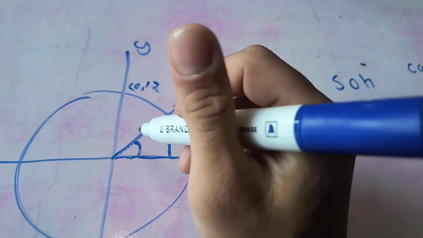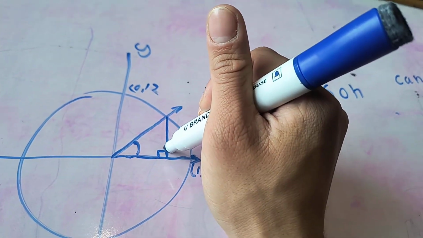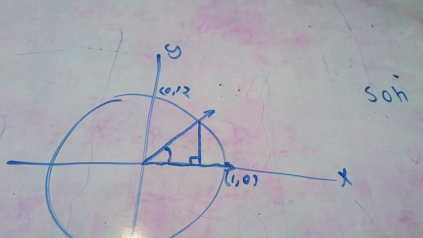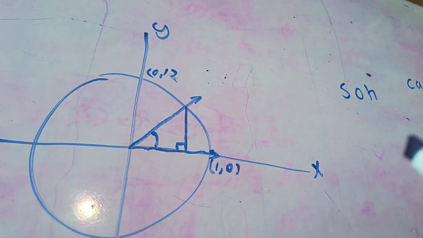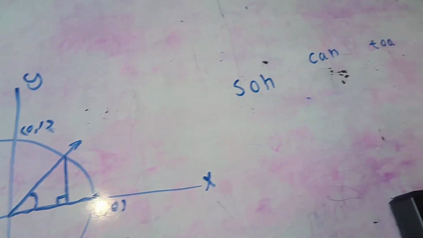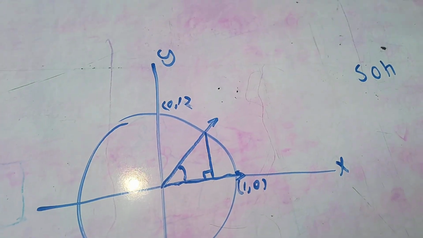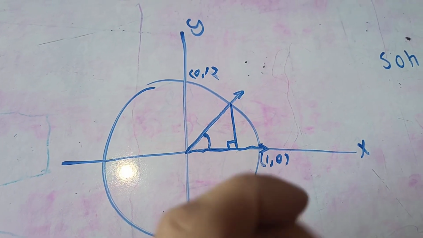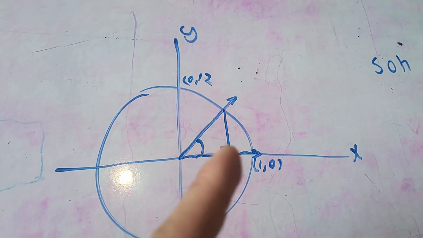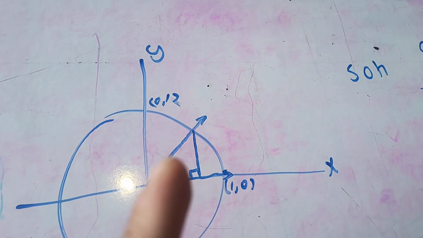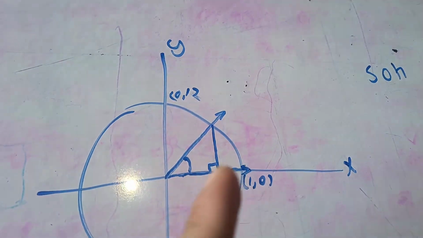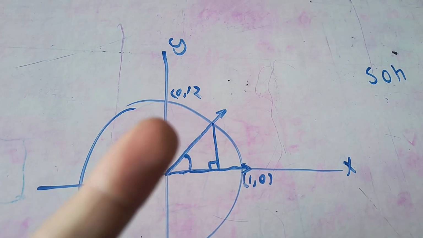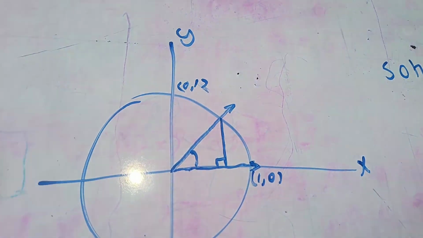I have just made a right triangle. Using this right triangle with this unit circle, what would be my trig identities?